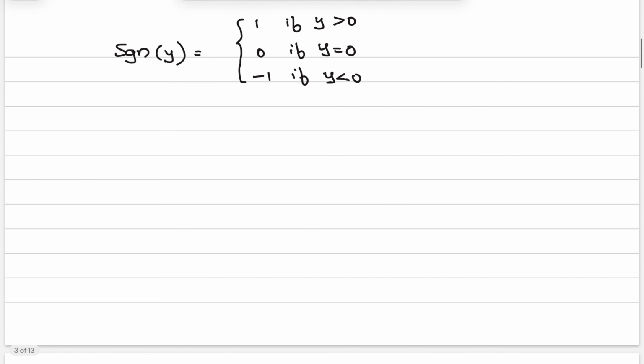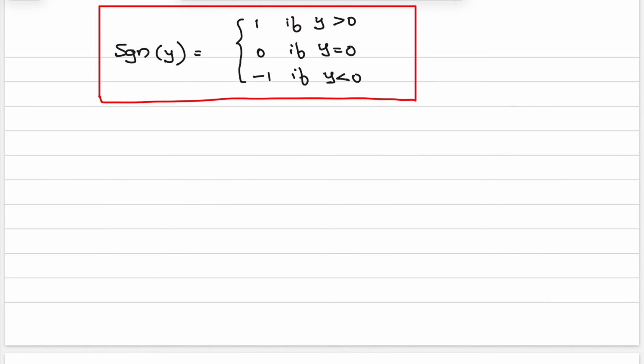This is the definition of a signum function. Please remember this. Signum y is equal to 1 if y is greater than 0. Signum y is equal to 0 if y is equal to 0. And signum y is equal to minus 1 if y is less than 0.